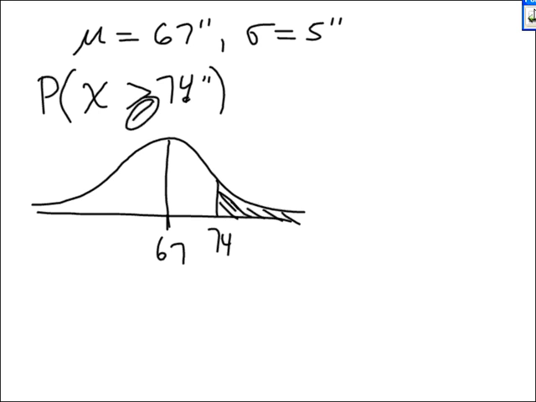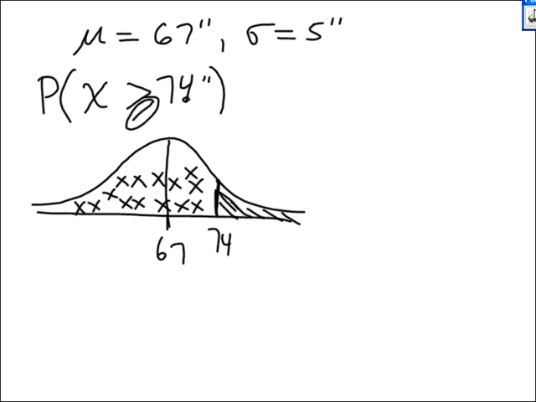Okay, problem here is our table doesn't tell us to the right of a score. I can find the z-score here. So I can figure out what z is. I can't find the area to the right of a z-score, but I can certainly find the area to the left of a z-score. I'm going to find that area.